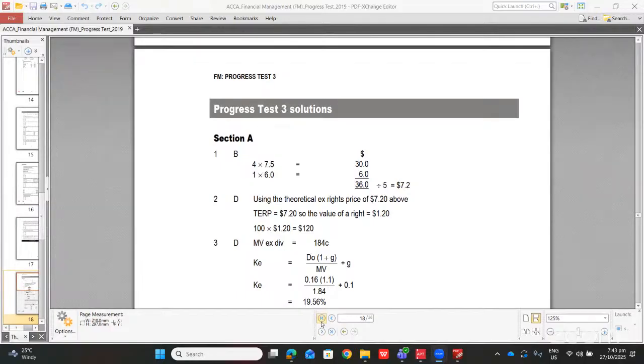We have the dividend, 16 cents. We have the market value, $1.84. So let's do the math. The cost of equity is D0(1+g) over MV plus g. So the dividend, 16 cents times 1.1, over $1.84, plus the growth rate of 0.1, giving you 19.56%. But to the nearest percent it's 19.6%, as they give us. So the answer is D, as in dolphin.